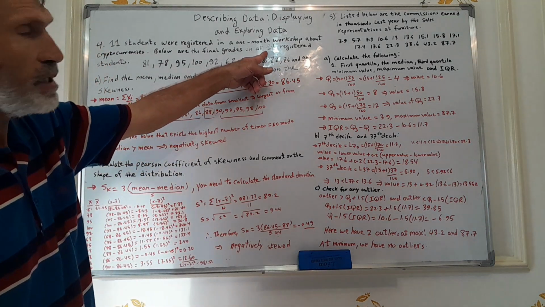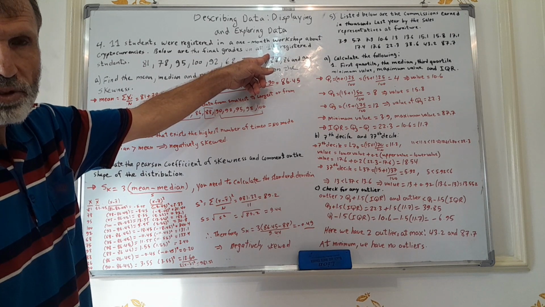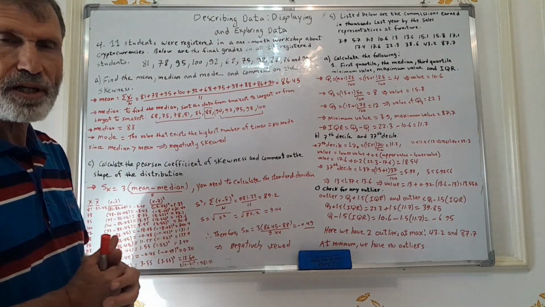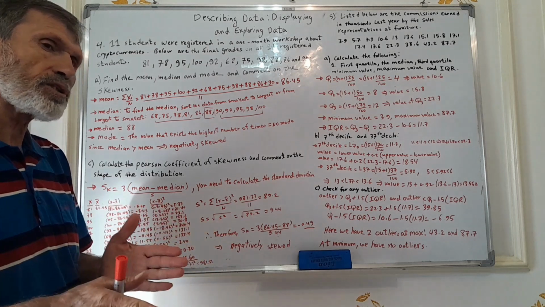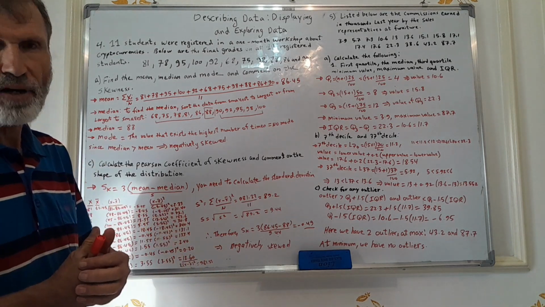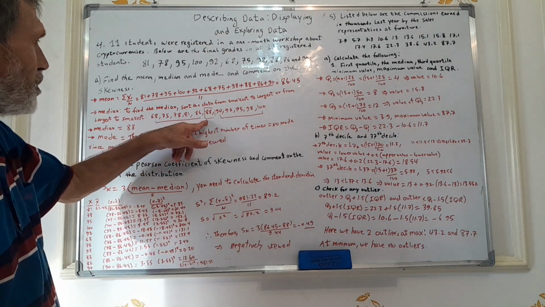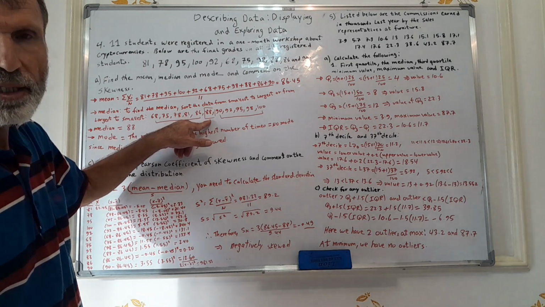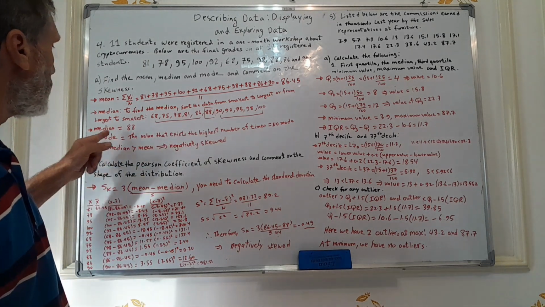Since we have 11 scores, we have an odd number of values. Arranged from smallest to largest, the middle value is 88. So the median is 88.